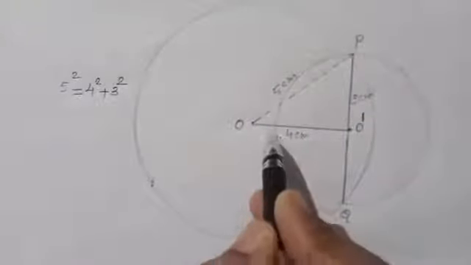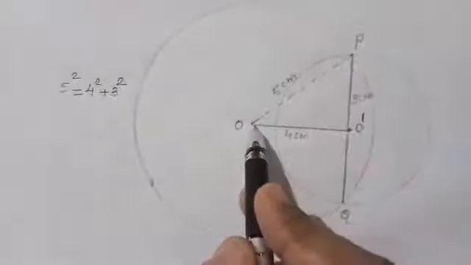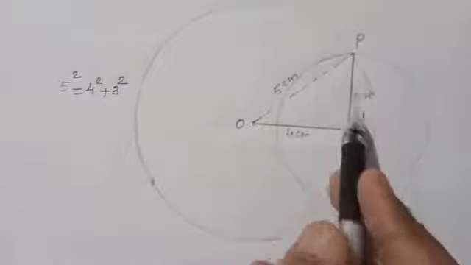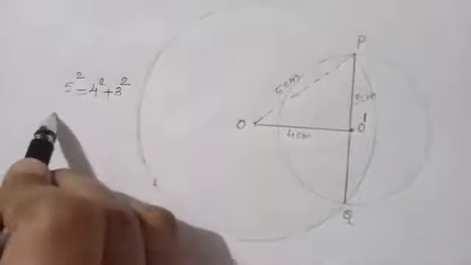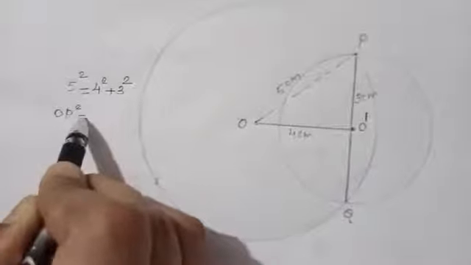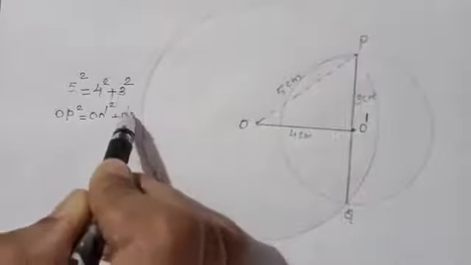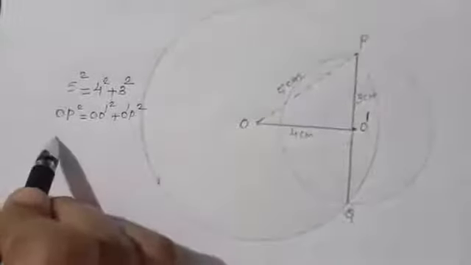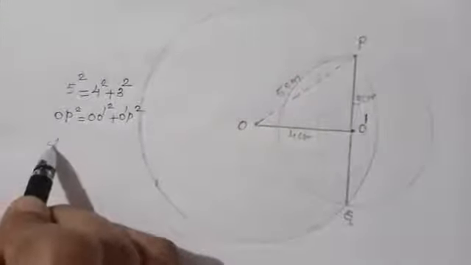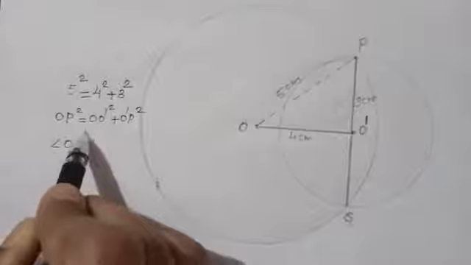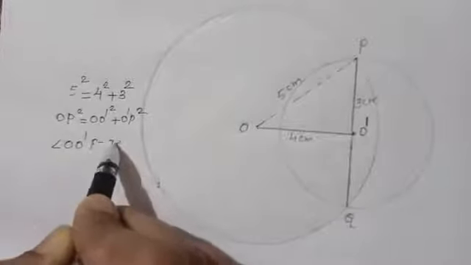According to Pythagoras theorem, hypotenuse square is equal to base square plus altitude square. That means OP square is equal to OO dash square plus O dash P square. That is, angle OO dash P is equal to 90 degrees.